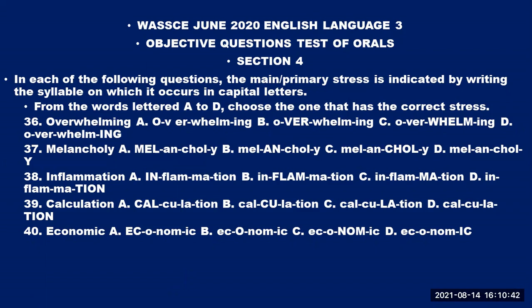And this is West African Senior School Certificate Examination, June 2020, English Language 3, objective questions, test of orals. And we are focusing on section 4, which deals with stress. So that's what we are going to do.